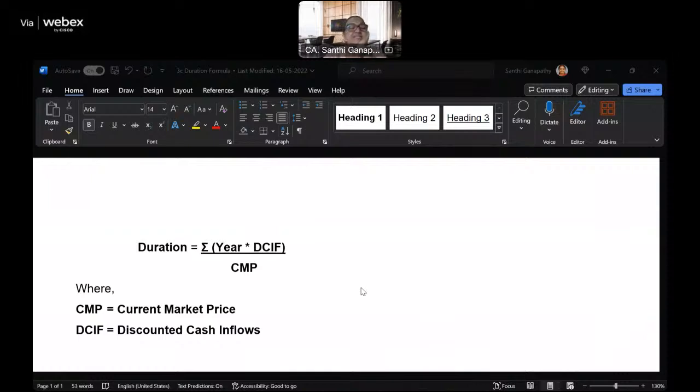Now, this is the one based on concept. That is, duration is equal to year into discounted cash flow. Year means period. It can be year, it can be half year, it can be quarter. That doesn't matter. So, sigma year into discounted cash flow divided by current market price. This is based on the concept which we saw.